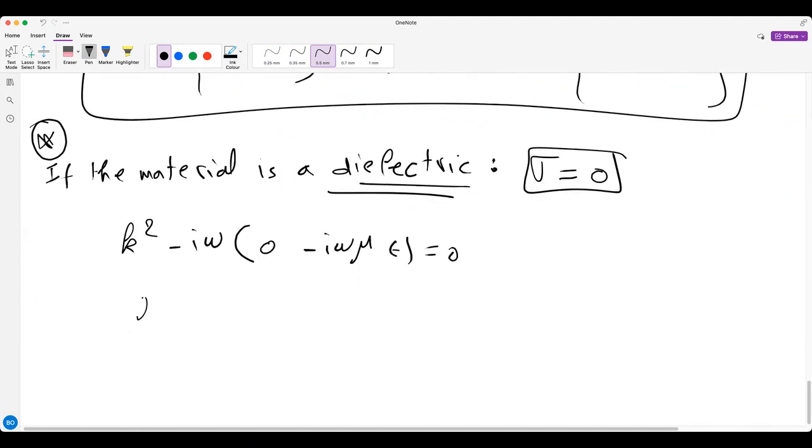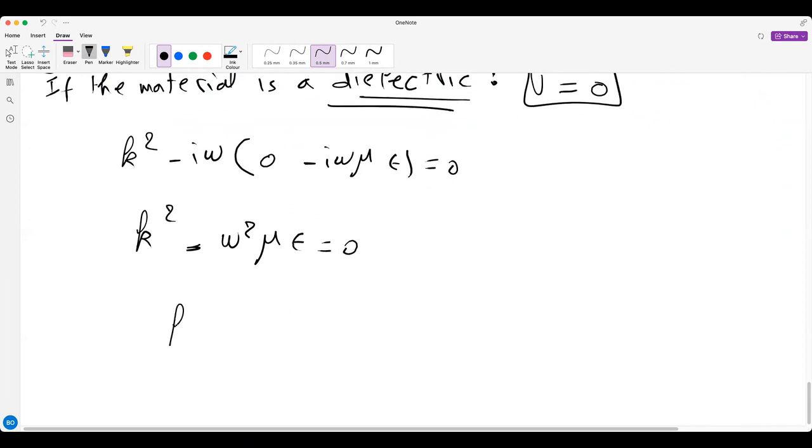So this means that k squared minus omega squared mu epsilon is equal to zero, and k squared is equal to omega squared mu epsilon.